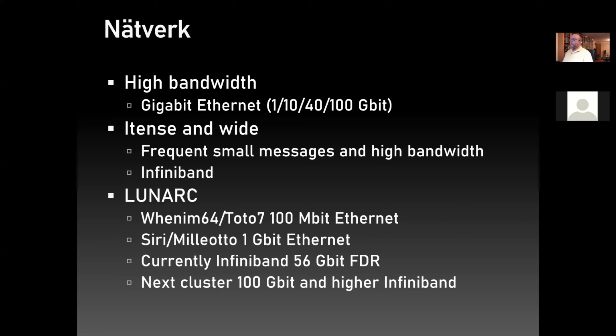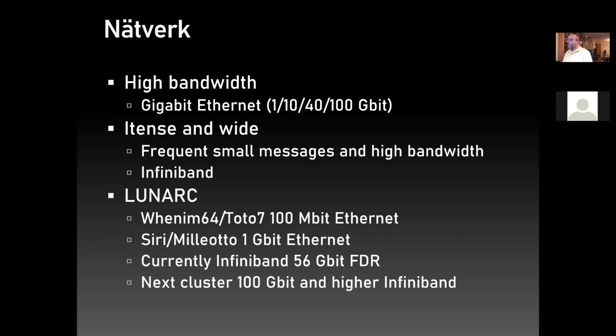The computers at Lunarc started out as really off-the-shelf computers with 100 megabit Ethernet a couple of years ago, then moved to gigabit, and currently we are using InfiniBand with 56 gigabit connections.